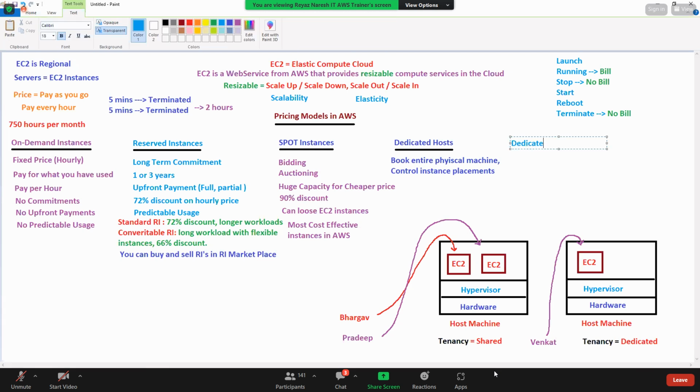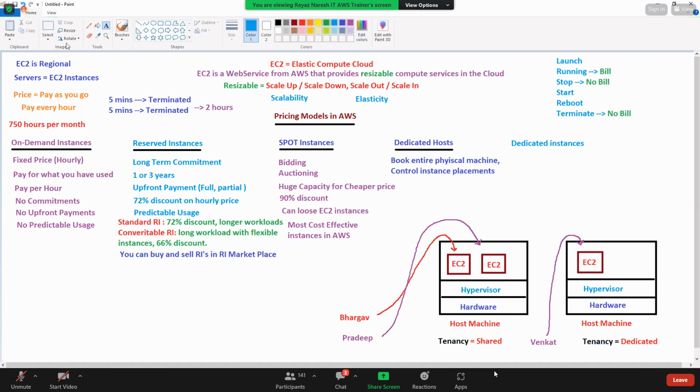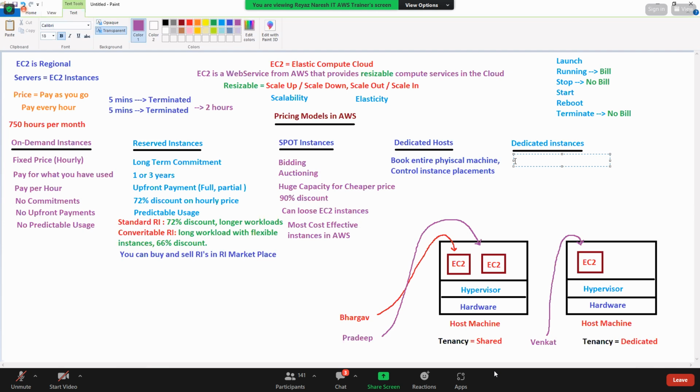And now we have something called dedicated instances. The previous one is dedicated host; now this is dedicated instances. Guys, it is the same, but here no other customer will share the hardware, but you don't have control over placing the EC2 instances. In the backend, who will take care? AWS will take care. AWS will say, okay Babu, your instance is dedicated for you and the hardware is not shared with anyone. But is it possible to control the placements?